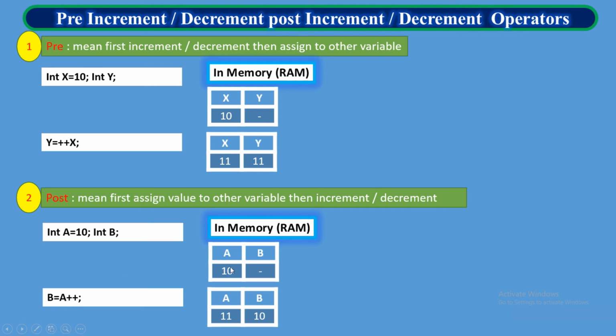We have the value of a equal to 10. This value 10 is assigned to variable b. So we have b equal to 10. Then the value of a is increased by 1. So we have a equal to 11.